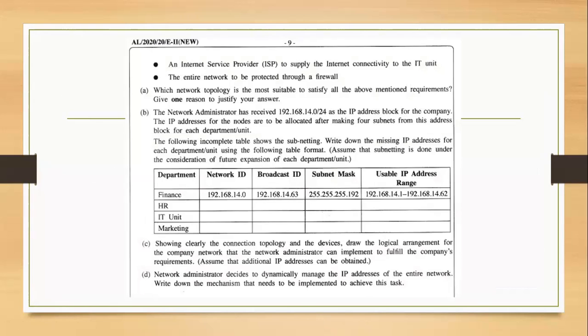showing clearly the connection topology and the devices. Draw the logical arrangement for the company network that the network administrator can implement to fulfill the company's requirement. So there we need to draw the network diagram. Let's start.